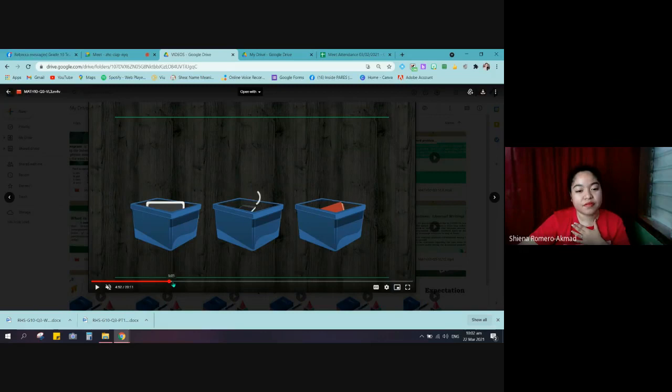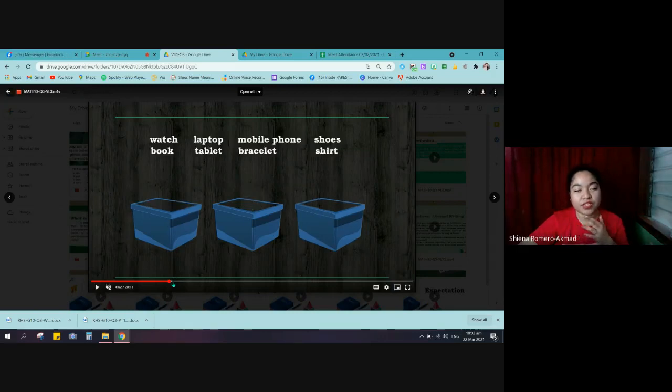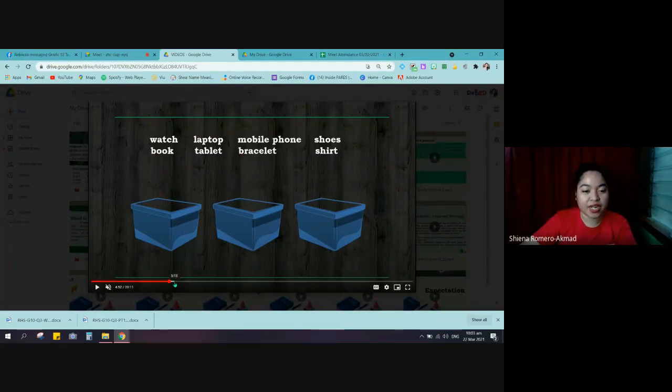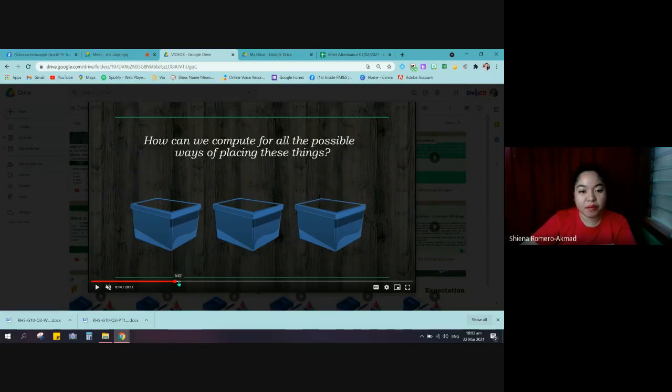Then, of course, since iba-ibang klase tayong tao, iba-iba din yung mga choices nyo, alin sa first and second and third. So, ang kailangan natin is to solve for the possible ways of placing these items.